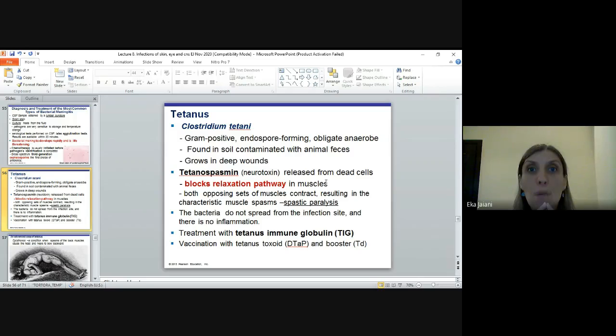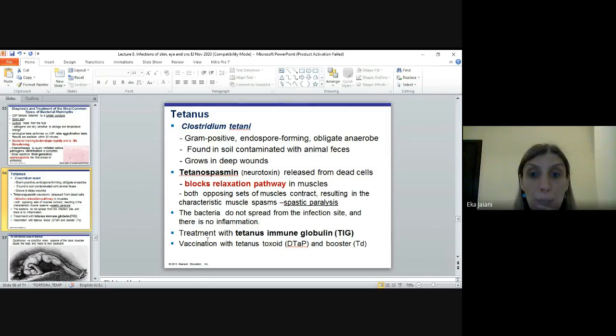So the neurons cannot release the mediator in the synapses between the neurons and the muscles. So the neurotransmitter is not released, and it results in paralysis. The muscles cannot relax, and it leads to spastic paralysis.